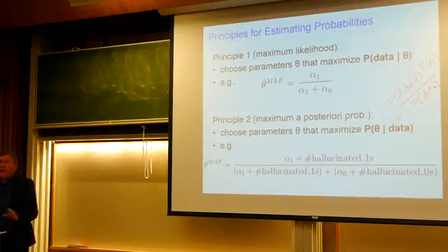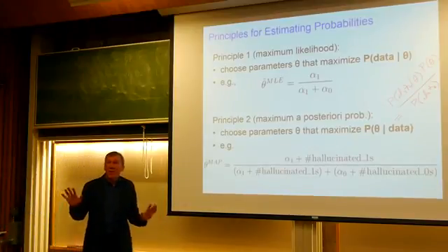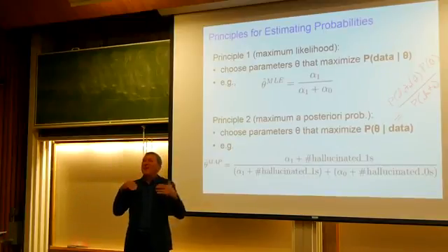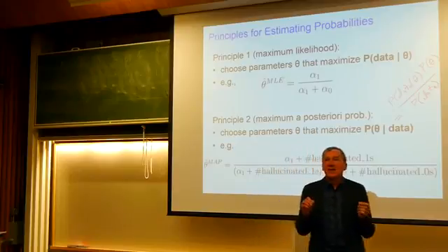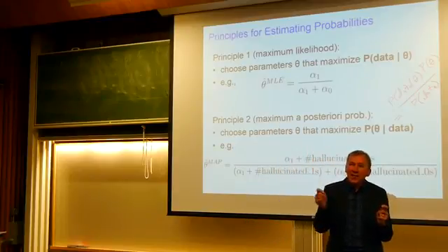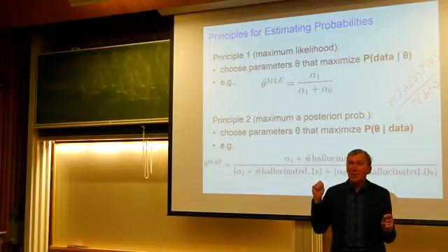Okay, so any comments, questions on these principles? The reason I wanted to come at it this way is when I first had to learn this stuff, it took me a long time to sort through a lot of equations to figure out in the end that it was a very, very simple principle.